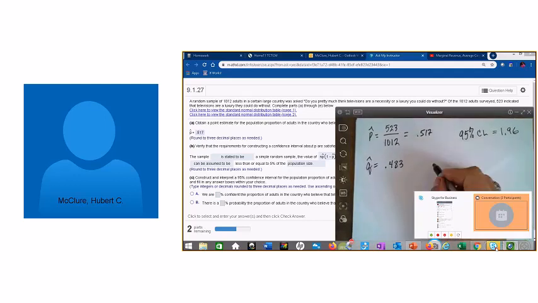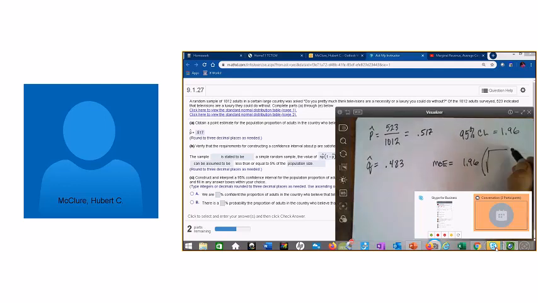So that means I need my MOE. My MOE is equal to my z-score times the square root of p q, 0.517 times 0.483, divided by N, which is 1012.